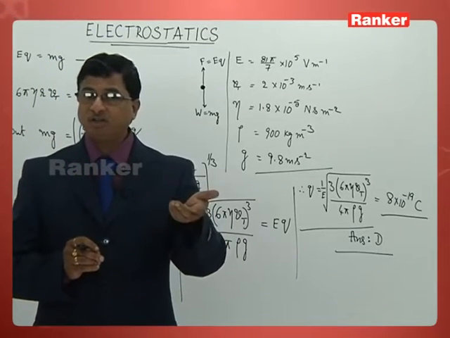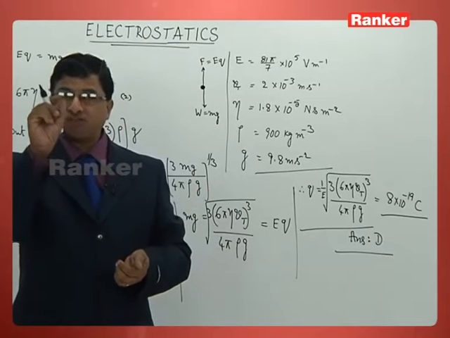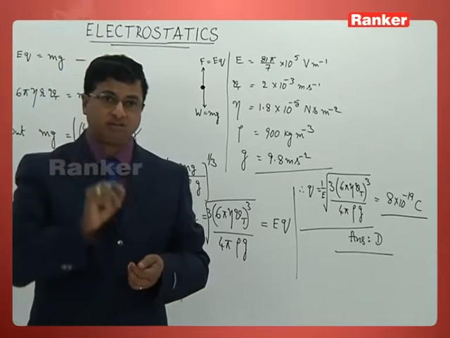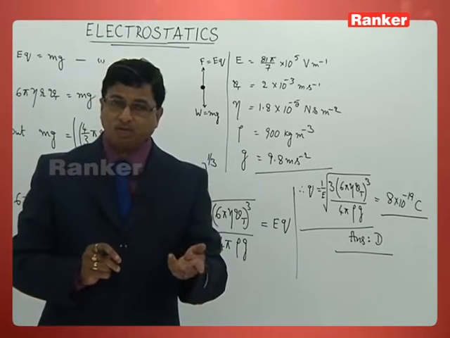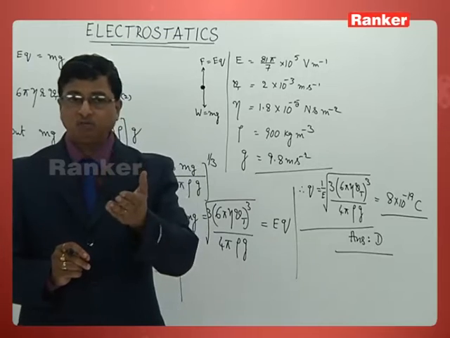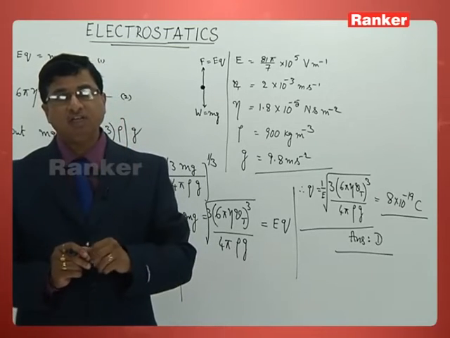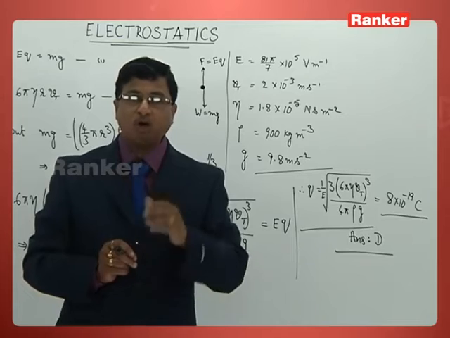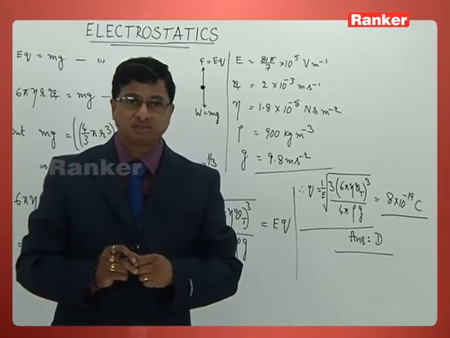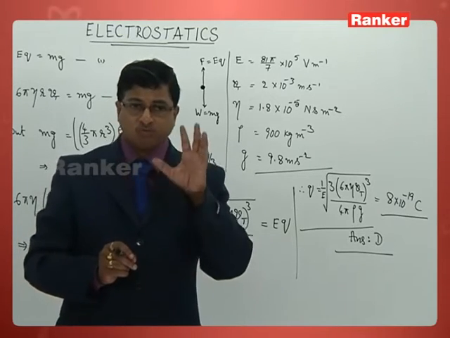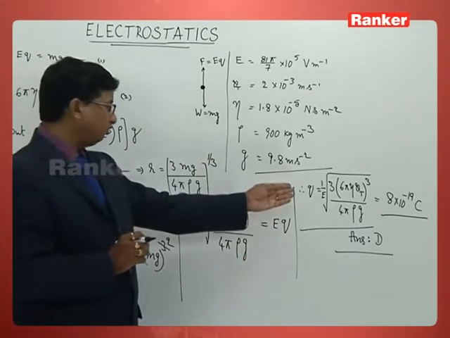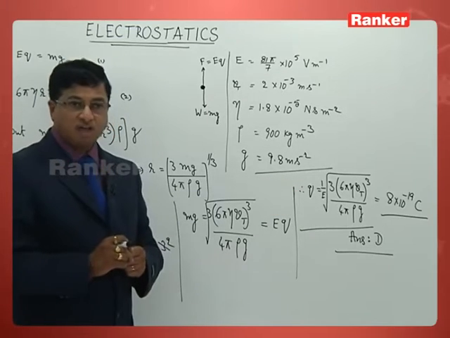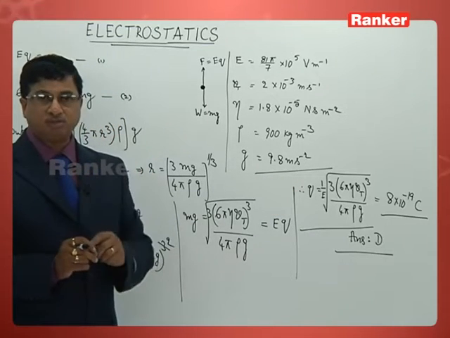One, the condition for the drop to be stationary in air. And second one, when it is falling down with uniform velocity, that is what is called terminal velocity in this particular case, what is the condition for its weight? So taking those 2, we are estimating the total charge on that particular drop as such.